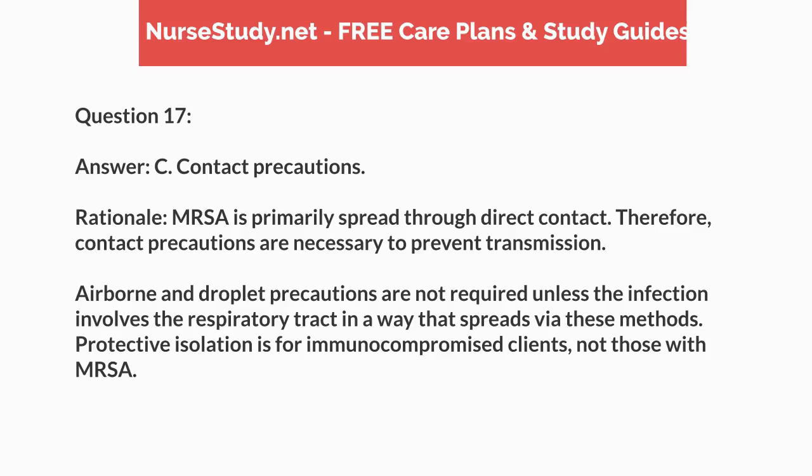Rationale: MRSA is primarily spread through direct contact. Therefore, contact precautions are necessary to prevent transmission. Airborne and droplet precautions are not required unless the infection involves the respiratory tract in a way that spreads via these methods. Protective isolation is for immunocompromised clients, not those with MRSA.